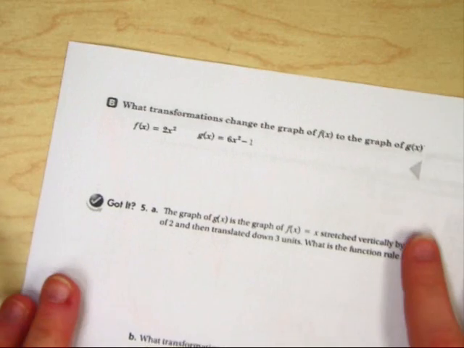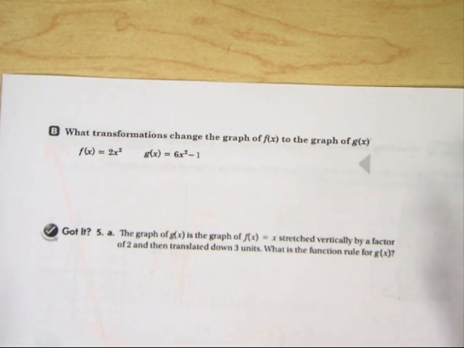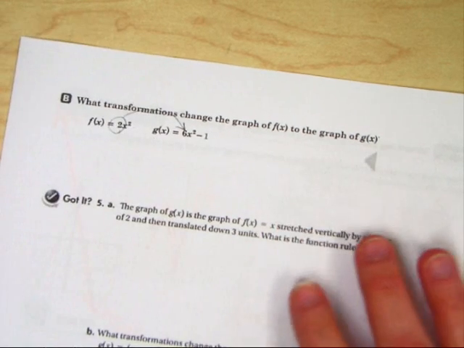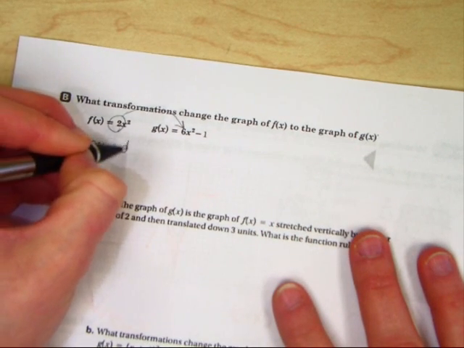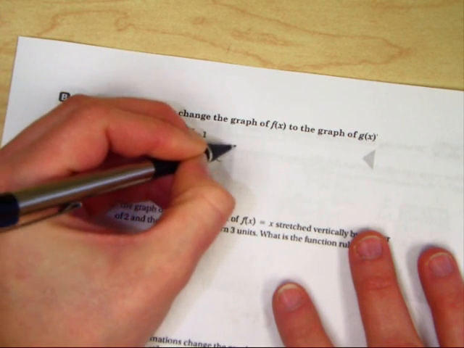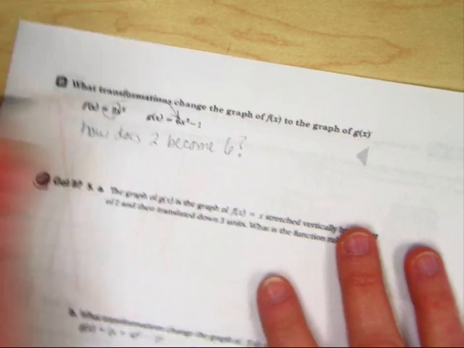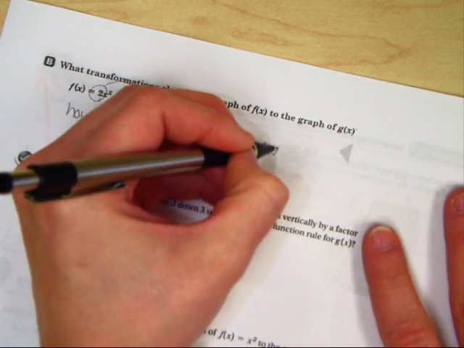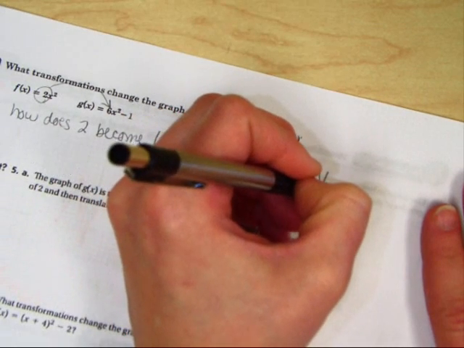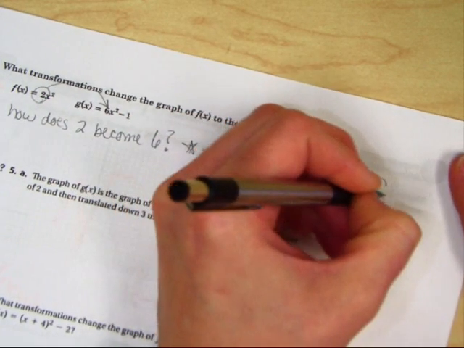Part B. We have a new equation, and we need to figure out what happened. What changed it? Well, let's talk about the 2 into a 6. How does 2 become 6? Hopefully, you'll be able to tell me the answer is that it has been multiplied by 3. If it's been multiplied by 3, that means it has been vertically stretched by a factor of 3.